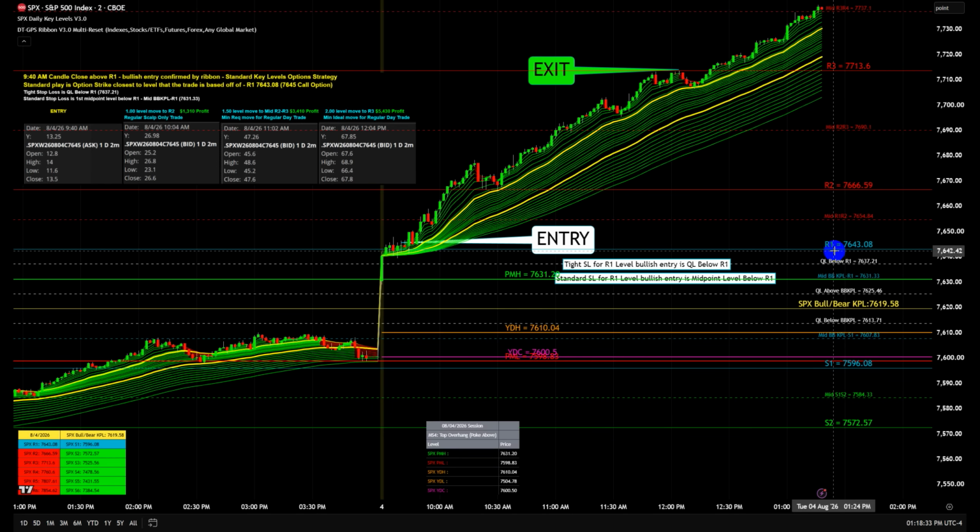So it's based off of R1. In this particular case, 1 level move scalp only R2, 1.5 level move mid R2, R3. So in this particular case, 1102 hits the mid R2, R3 level.